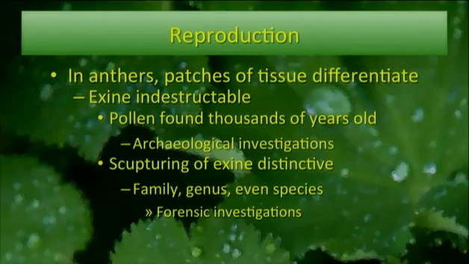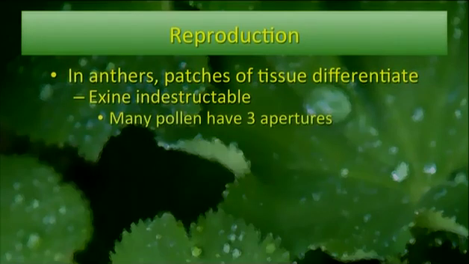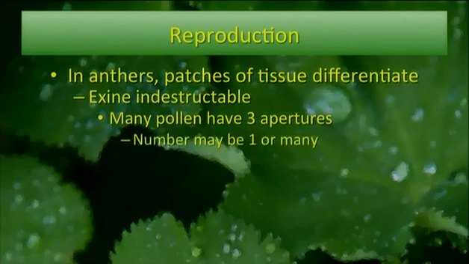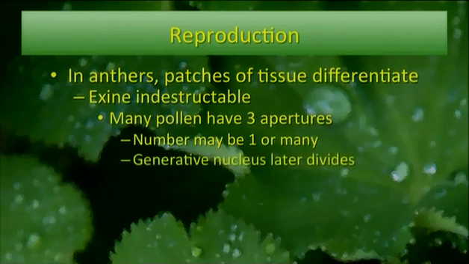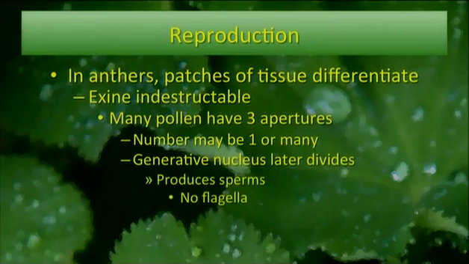Some people are actually palynologists, people who spend their career studying pollen. Now many pollen grains have 3 apertures. They're pore-like, but the number may be 1 aperture, or you may have many apertures. And remember that the generative nucleus that we talked about a little earlier divides and produces sperms.